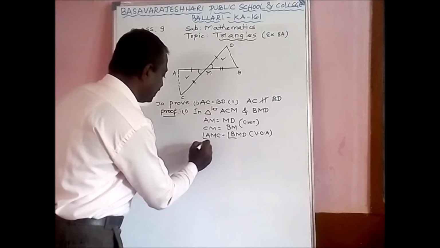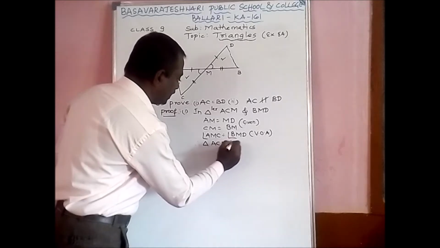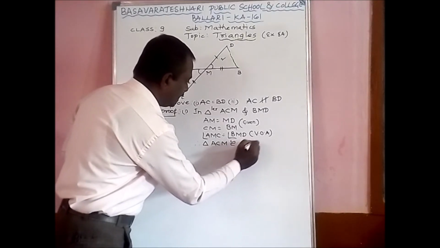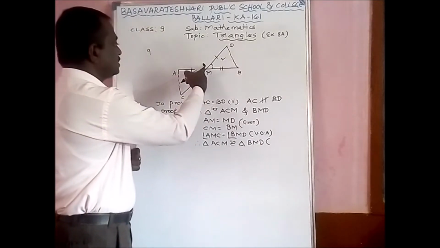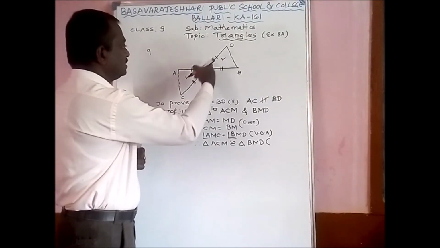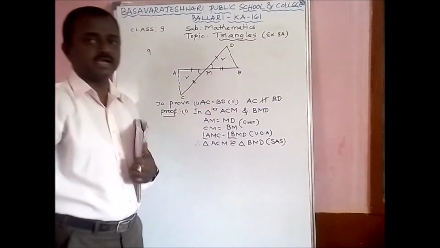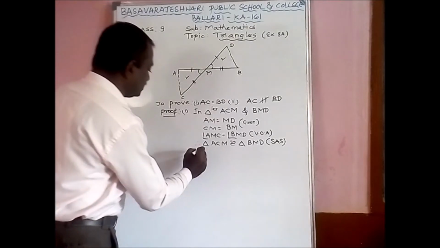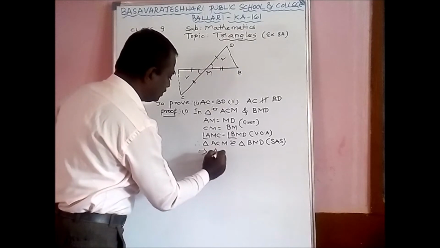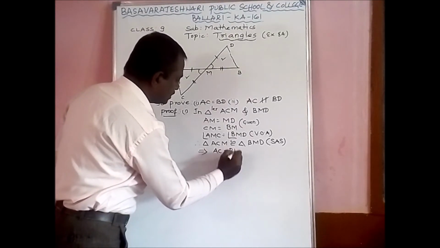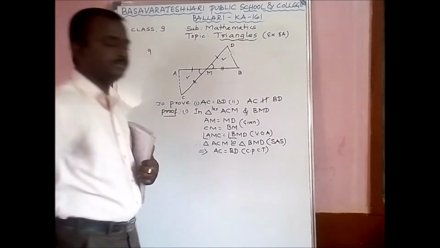Therefore, we can say triangle ACM is congruent to triangle BMD. On what basis? Yes, A, yes. That means SAS criteria, side angle side criteria. So this implies AC is also equal to BD. How can we say? By CPCT.